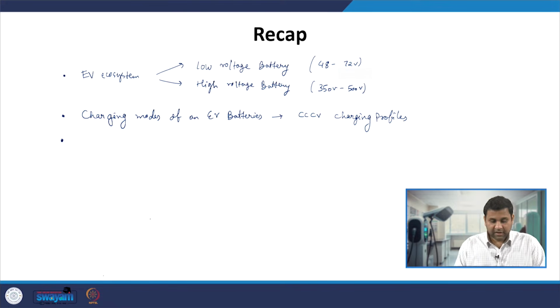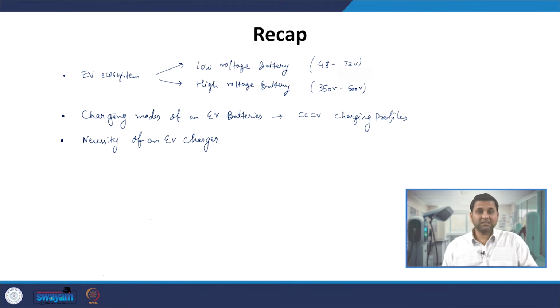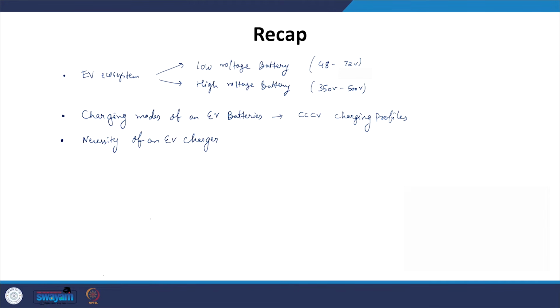And then we have seen the necessity of an EV charger, like why a dedicated charging system or charger is needed, primarily to meet the different charging profile of the battery determined by the BMS of the battery pack, and at the same time providing sufficient protection, again from the safety perspective.